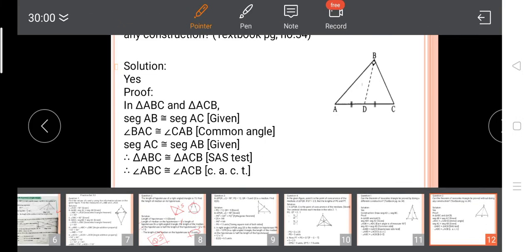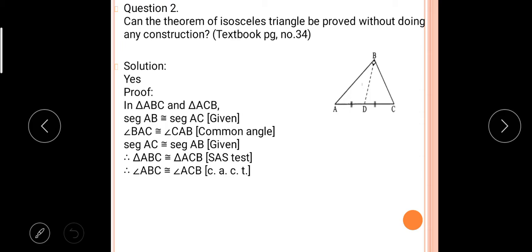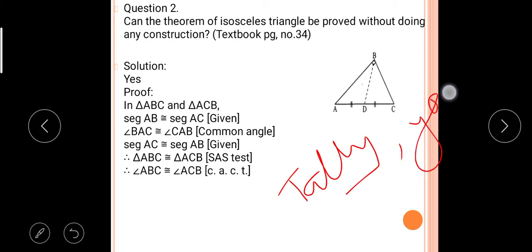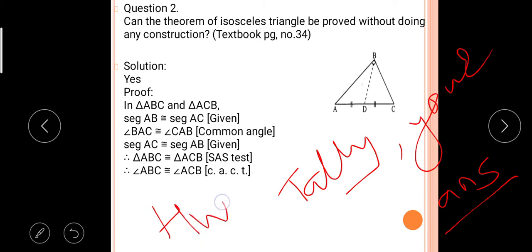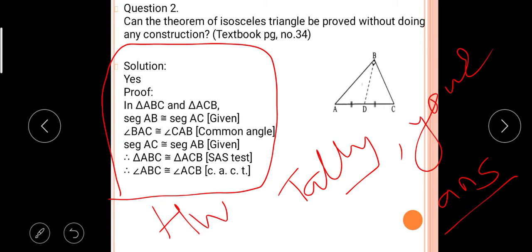Now, is this proof correct or wrong? Think and send me your answer. This is your today's homework. Which step is wrong and what is there? You have to see whether this is correct or wrong, and write the correct proof for this question.